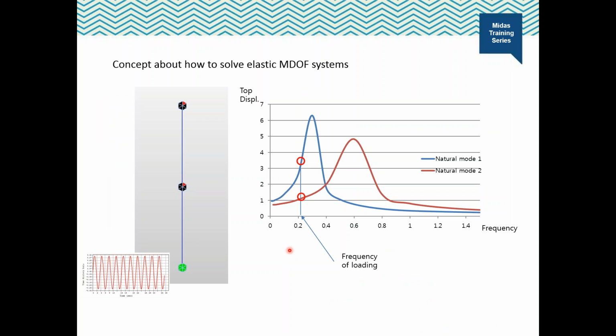As we learned in the eigenvalue training, the response of MDOF system is the combination of the responses of each natural mode of the MDOF system to the dynamic load.